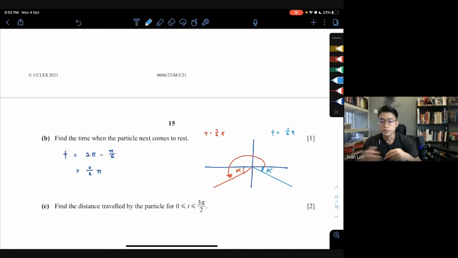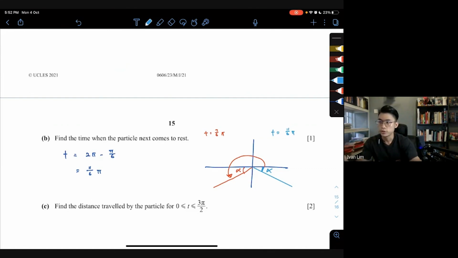What does it mean? It means that the particle changes direction at that point of time. If the particle is going to the right at t equals 7 over 6 pi, it stops, changes direction, then goes to the left. Then at 11 over 6 pi again, it stops, then changes direction again, then goes to the right again. You all need to keep this in mind because this part is important for you to solve the next question.